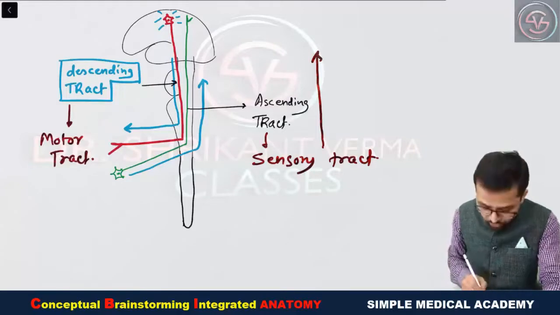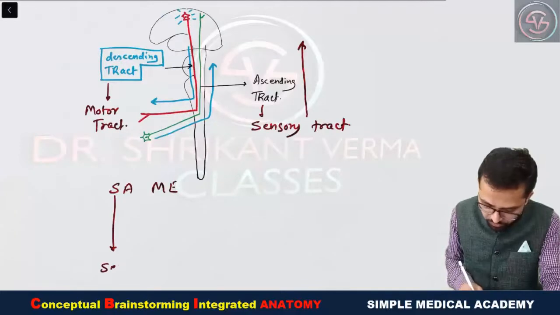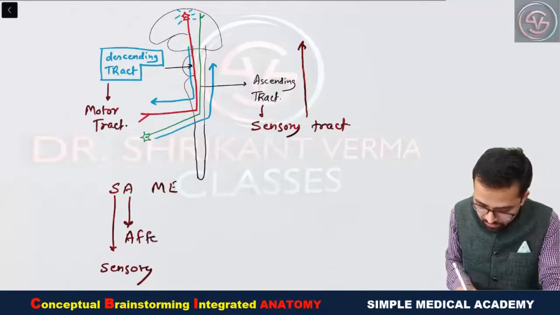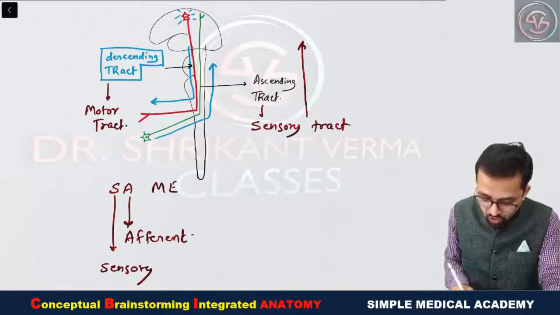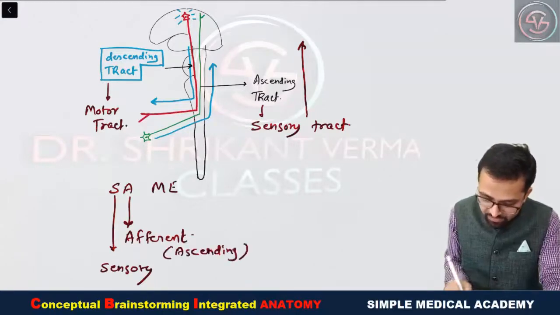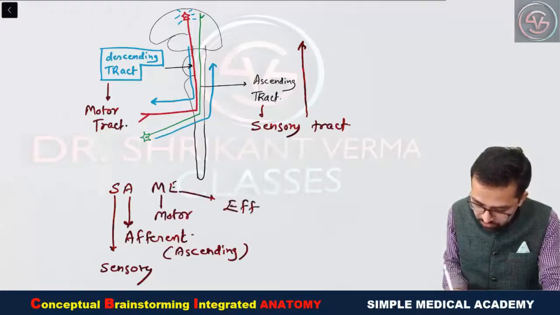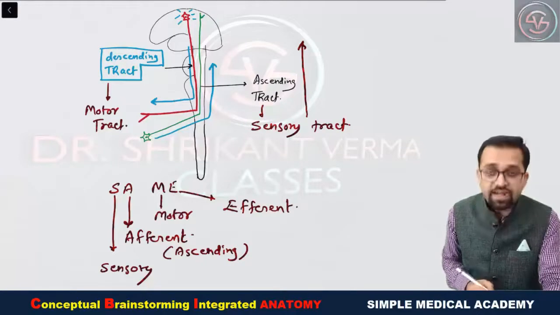And do you remember I told you one trick, SAME. S for sensory, also known as afferent. Also you can say ascending. M for motor, which is also known as efferent tract.